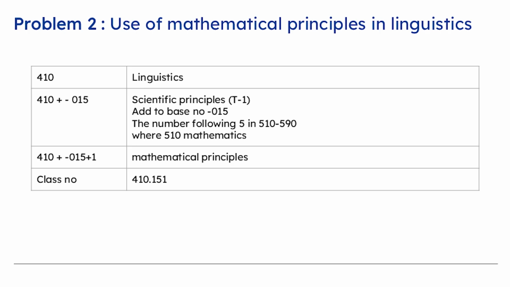So language would be the basic subject. So 400 language, it is not written, but you can write it also. Before 410 you can write 400 language, then 410 linguistics. If we open 400 you will see over there 410 linguistics.